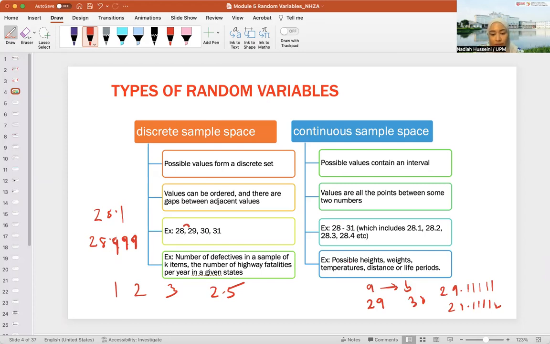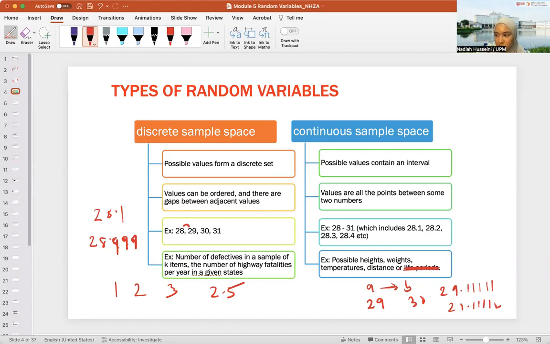All of those values are possible outcomes. Examples of a continuous sample space are possible heights, weights, temperatures, distance, and life periods. Not sure what life periods means, so let's ignore that one.